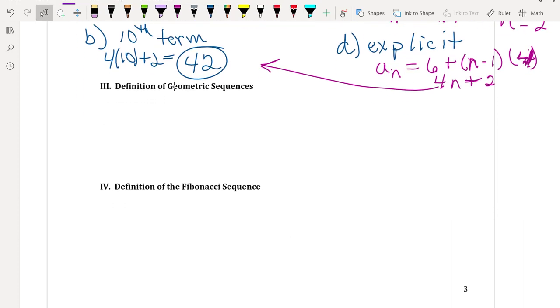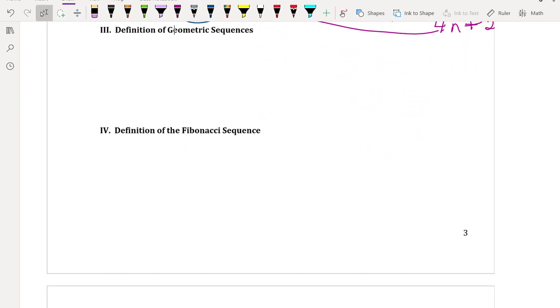Okay, so the other sequence we're going to talk about is the geometric sequence.